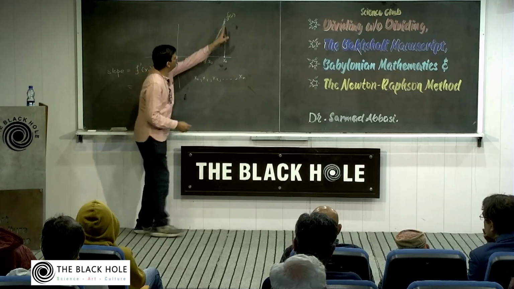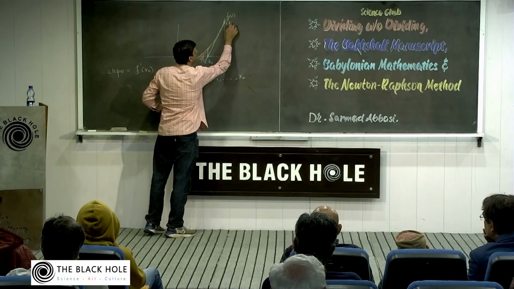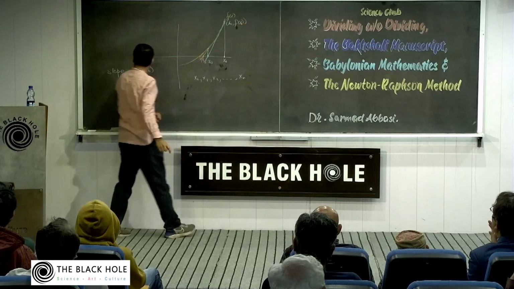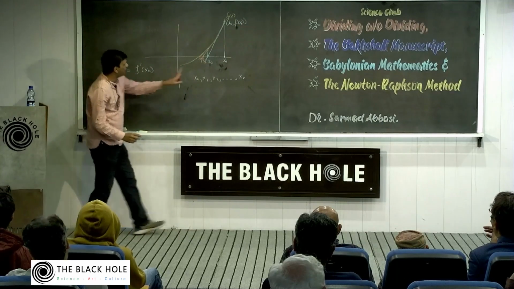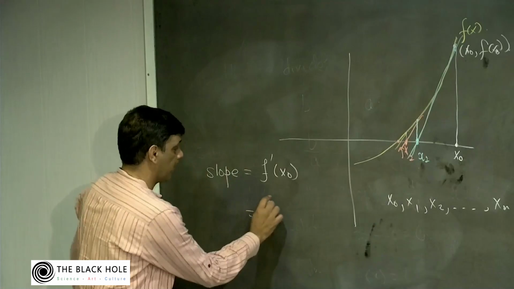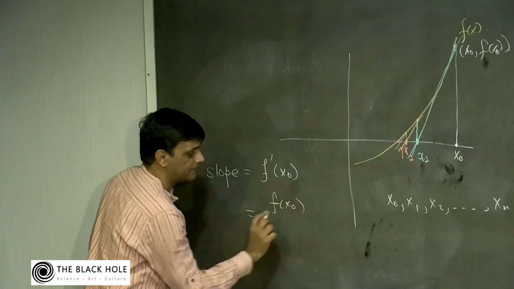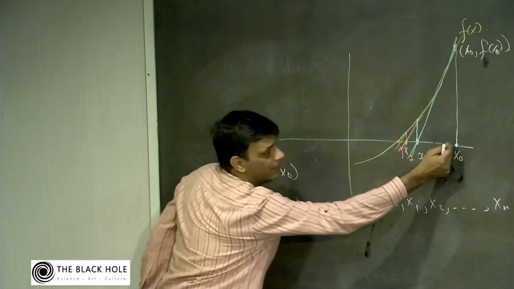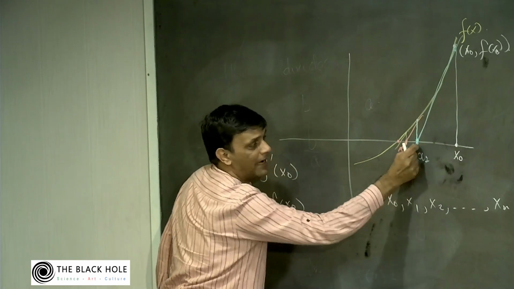My rise here is, this point is x0, f of x0. So my rise is f of x0, and what's my run here? It's x0 minus x1.